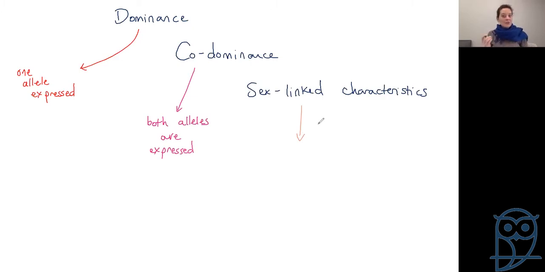But when it comes to a sex-linked characteristic, you can have expression of the recessive allele, because we have a difference between our X chromosome and our Y chromosome. So here we can have expression of the recessive allele without being homozygous recessive. So you can be heterozygous and have expression of the recessive.